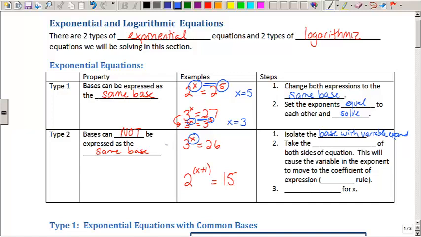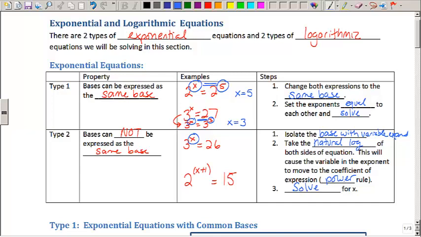For example, if it said 7 plus 3 to the x, I'd have to subtract 7 from both sides to isolate the base. Step 2 says take the natural log of both sides of the equation. This will cause the variable in the exponent to move to the coefficient using the power rule. And lastly, we're going to solve for x.